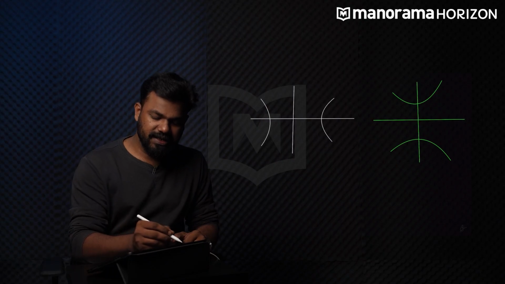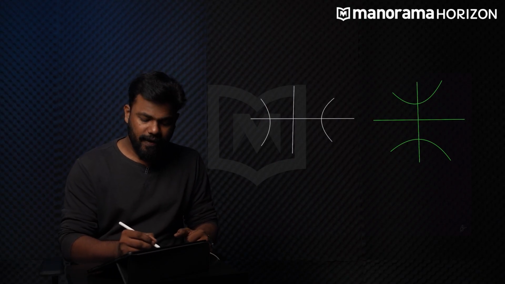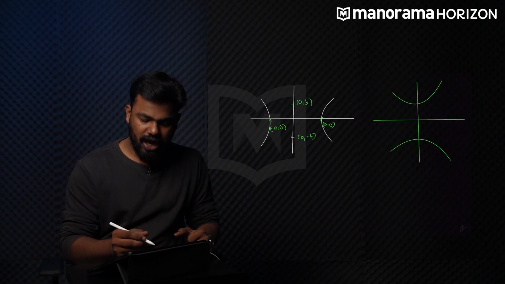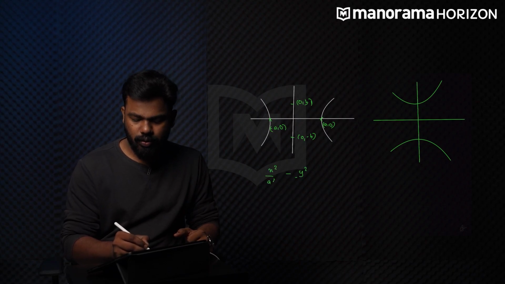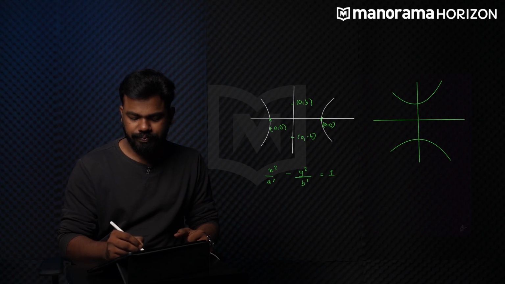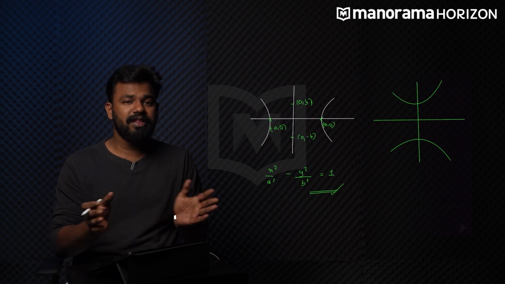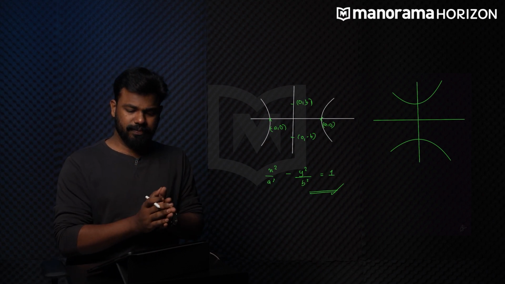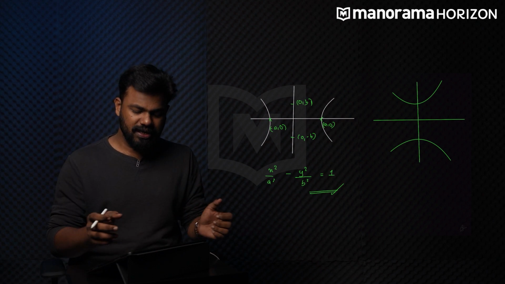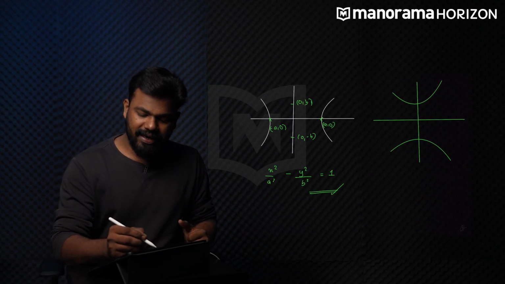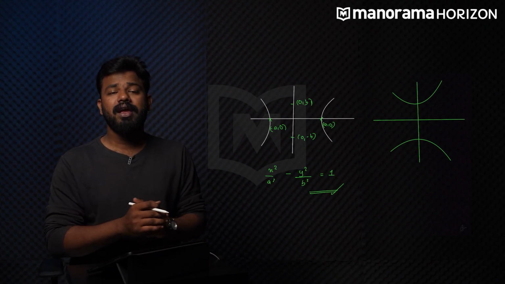Now the first case, the equation of this hyperbola, having the axis on the transverse axis, will be x square by a square minus y square by b square equal to 1. And here you can see that now it is on the conjugate axis.